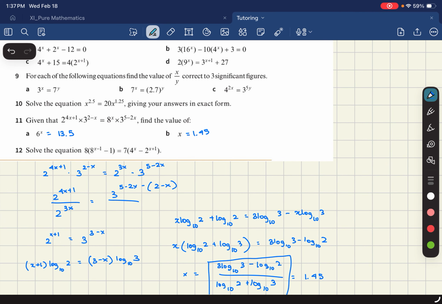So if you're using something like an fx82, you want to write your answer to more decimal places. So 1.4525888771. And then when you substitute it to the power, you should be getting exactly the same answer of 13.5.